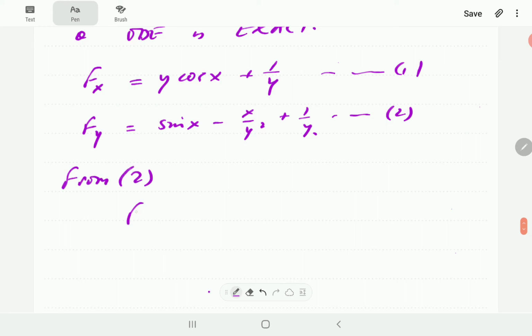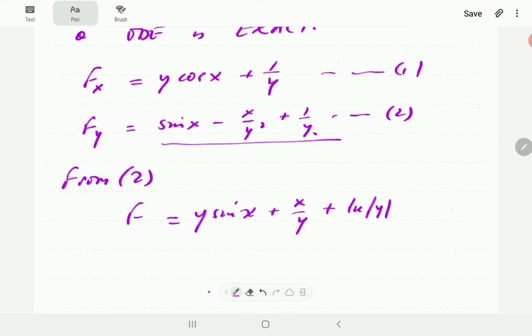So from 2, f is going to be, if we integrate partially with respect to y, the first term is y sine x. The second term is plus x over y, because integral of minus 1 over y squared is 1 over y. Then this one is going to be ln of magnitude of y.